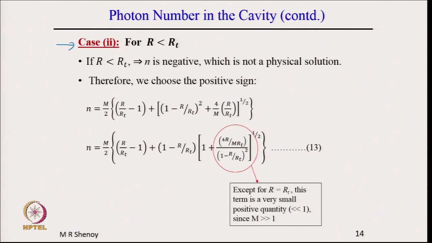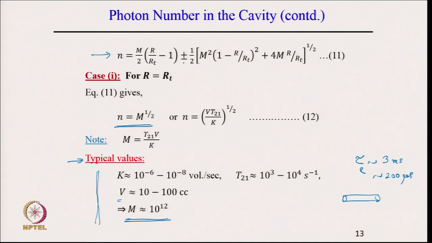For r less than r t, we have seen r is the pumping rate, r t is the threshold pumping rate. When the pumping rate is less than the threshold pumping rate, there are two solutions, plus or minus.